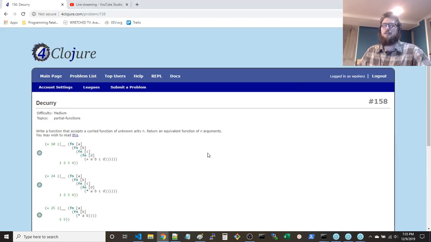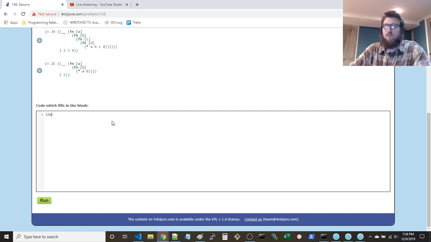So, function that accepts a curried function of unknown arity n, return equivalent function of n arguments. May wish to read this. F of n a, f of n b, f of n c, f of n d, a plus b plus c plus d. 1, 2, 3, 4. So, you want the same function? Unknown arity n. I mean, does this work? This is kind of cheating.